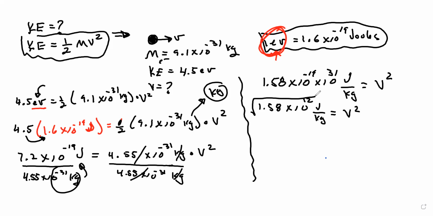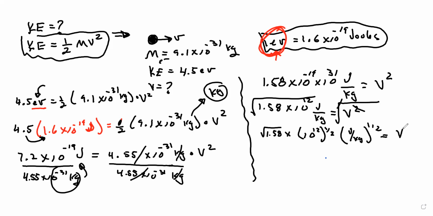So you get the square root of this one, the square root of this one, and the square root cancels with the square. I'm going to write it like this: the square root of 1.58 times the square root of 10 to the 12. And you still have to get the square root of joule over kilogram to the 1/2, and that's equal to the velocity. We need to remember that the square root is the same thing as raising to the 1/2.